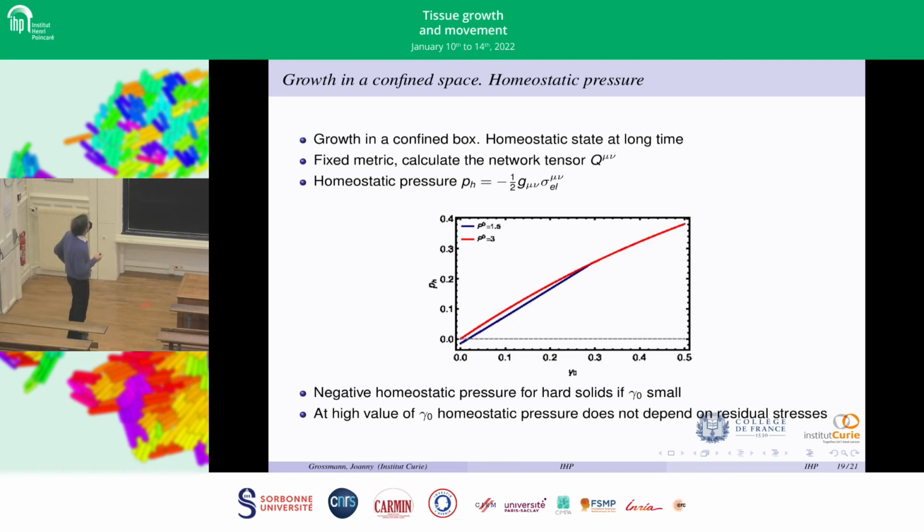If you look at a hard solid, it explicitly depends on the shape ratio until a critical value of the growth rate, and above this critical value, you find back this red curve here, which is independent of the shape ratio. So there is a well-defined homeostatic pressure. It can be negative, but only if there are internal stresses inside the cell. And if you go to very fast division rate, all this doesn't count, and it's independent of the shape ratio.